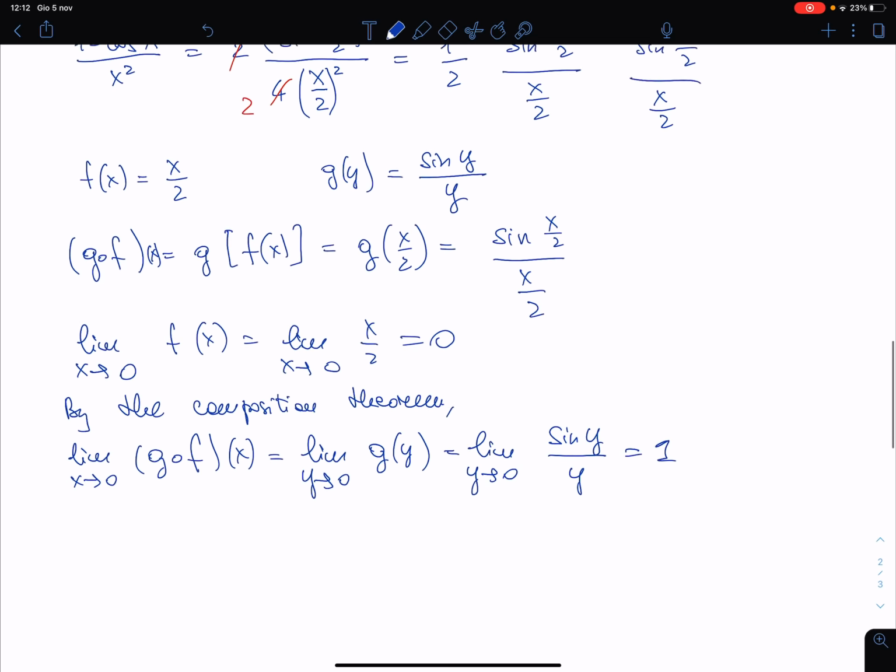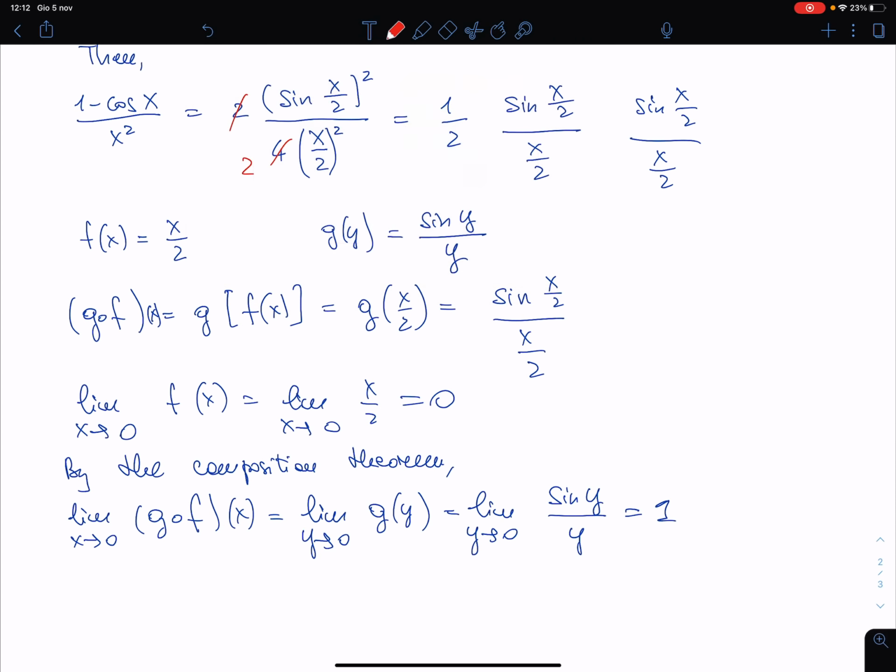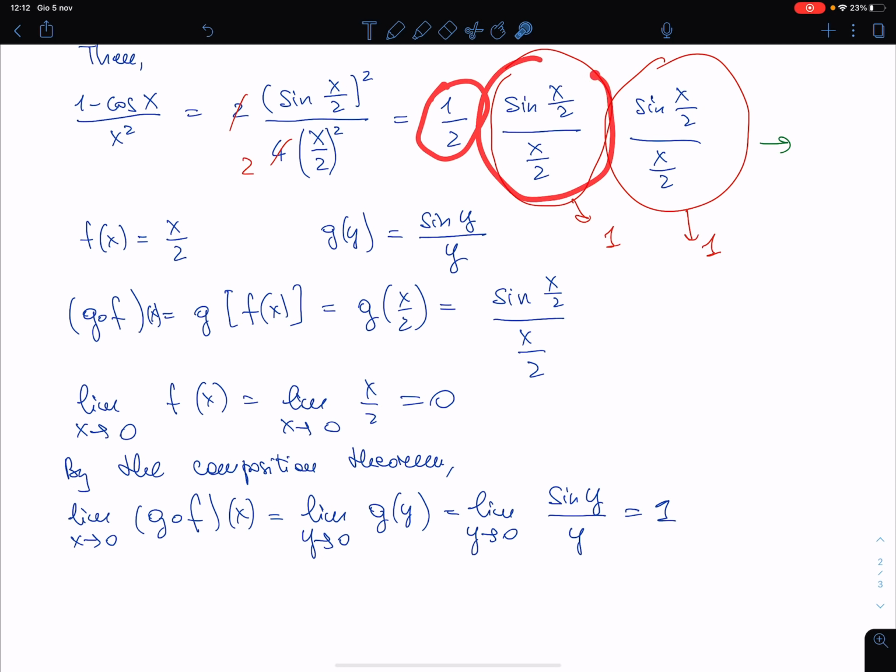So here, let us go back to the previous writing of this limit. Here we have 1/2. Here we have a factor that goes to 1, and another factor that goes to 1. So the overall result is that by the algebra of limits, the limit of the product of three factors is the product of the three limits. So this is 1, 1, 1/2.